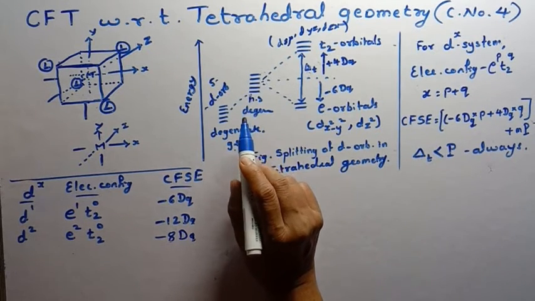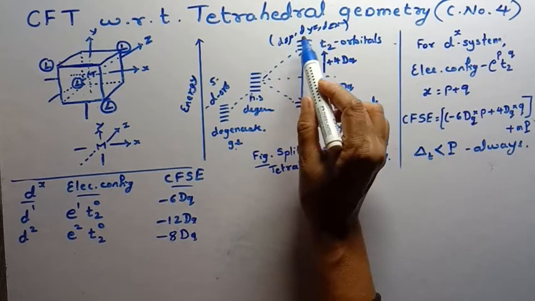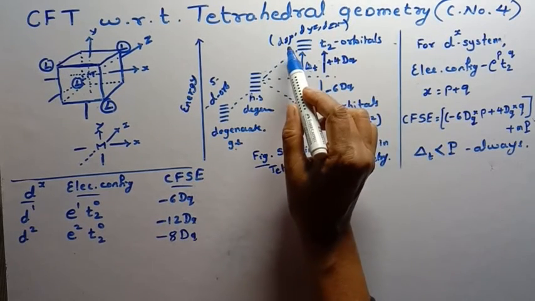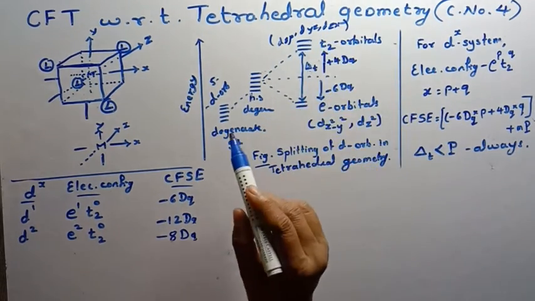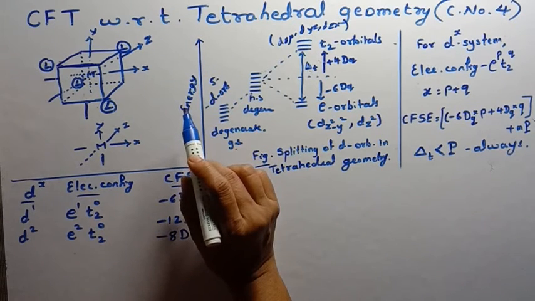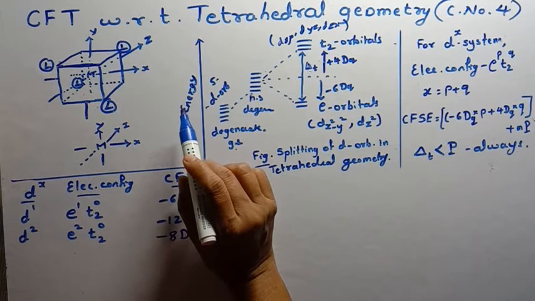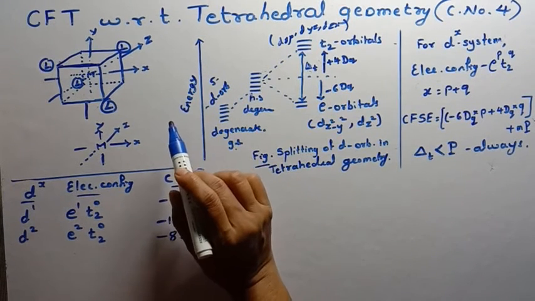But the orientation of the dxy, dyz, dzx orbitals is nearer to the direction of approach of the ligand.